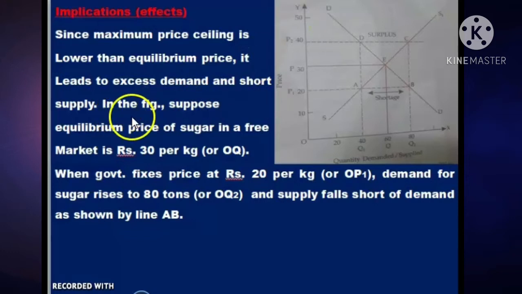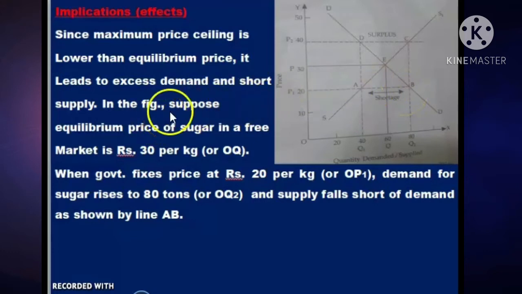So just see the figure. This is applicable to this and the next topic also. What you need is the level below the equilibrium level, that is 20. At price 20 you need.